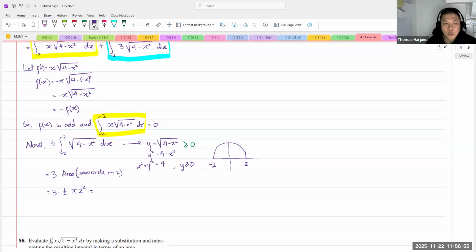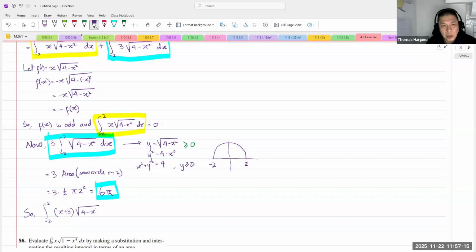Okay, one of the two cancels, so I get 6 pi. So, going back to the original question, the integral from -2 to 2 of (x + 3) square root of 4 minus x squared dx is equal to 6 pi.